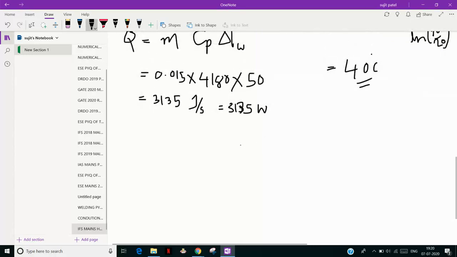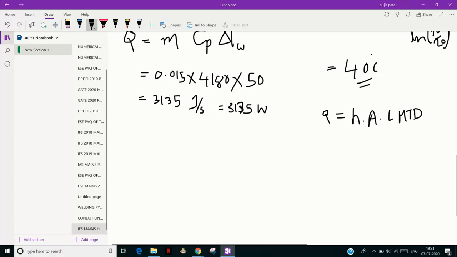Here it is not mentioned that there are any losses, so we will take that whatever heat is used to heat the water is supplied from the surface. So heat is given as U A into LMTD, where U is the overall heat transfer coefficient.